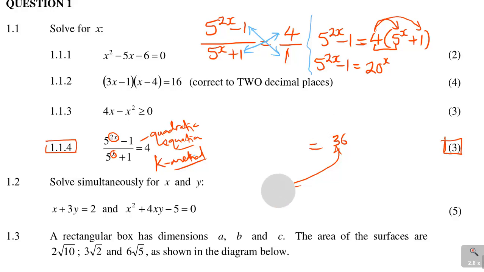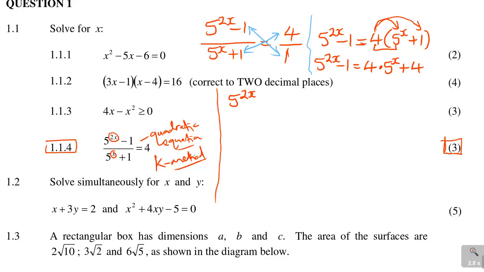If it's 4 times 5 to the power x, it remains as 4 times 5 to the power x. That particular power x is protecting the 5. Do not multiply the 4 and the 5, because it is protected by this power x. I hope you will not make that mistake. And then 4 times 1, it is plus 4. Collect like terms, bring everything on one side, like 5 to the power 2x is this side.